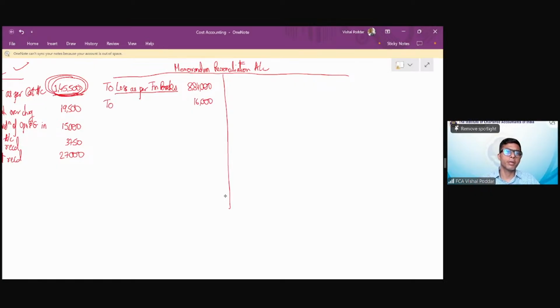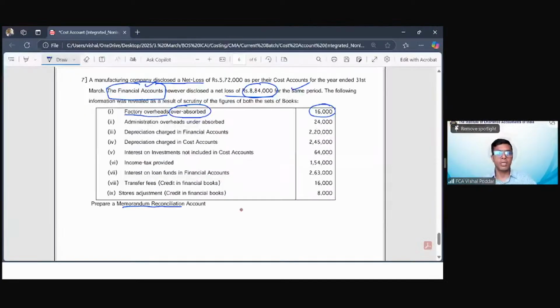So I will write it on the debit side saying to factory overheads over absorbed. So see, since now my opening balance is on the debit side, whatever I have decided to add, I have to post it on the same side. So it will be debited on the debit side.